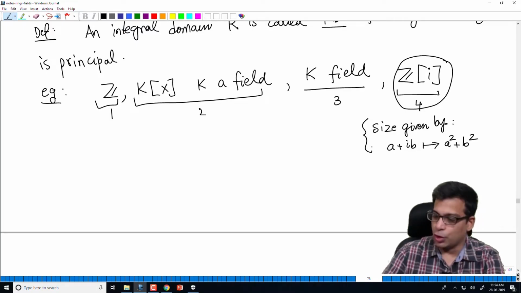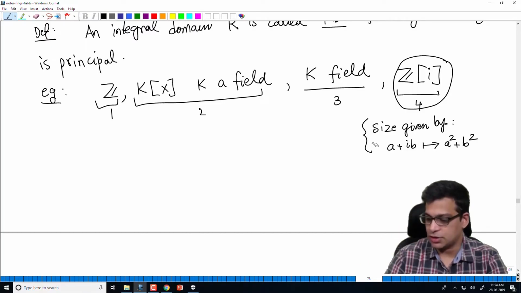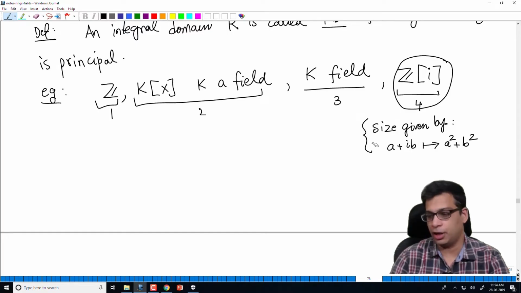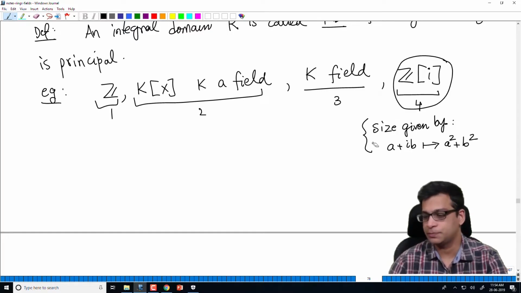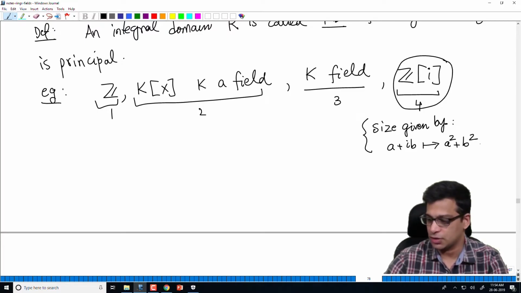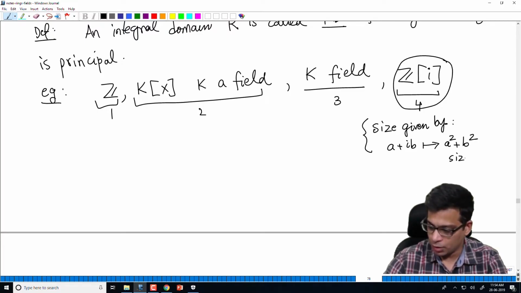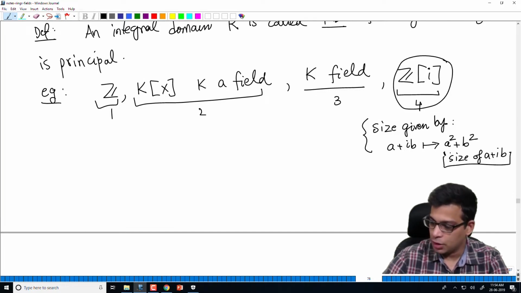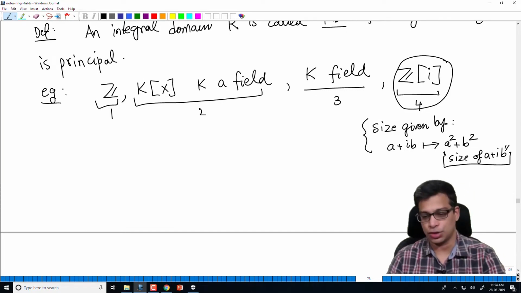As I said, I won't go into details, but we can always do the following. Given an ideal, we can pick an element with the least possible norm or size, which is the sum of squares of the real and imaginary parts. So this is the size of a plus ib, and carry out the same procedure that we used.